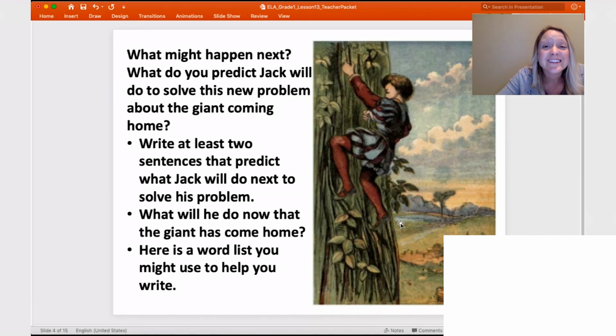And finally, you are going to get some independent work time to show me how amazing you are and how hard of workers you are. You are going to complete this after the video ends. Now let's read on. I cannot wait to find out if your predictions were correct and how he is going to solve this problem.